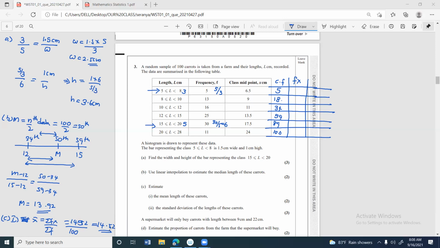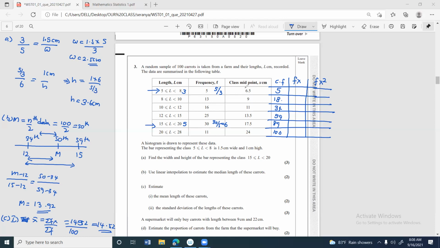Then we need to find the standard deviation. To find the standard deviation, I need to make the column of fx squared. What do you mean by fx squared? F into x squared. The summation of f into x squared.